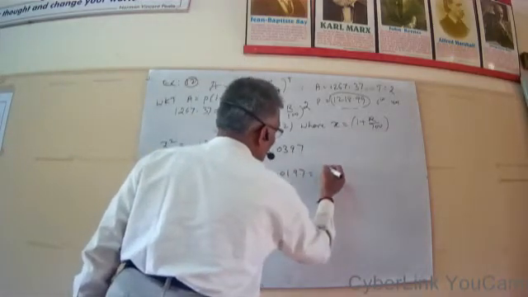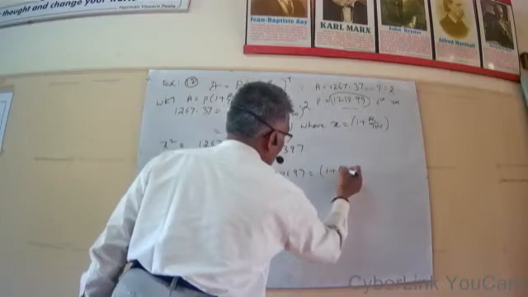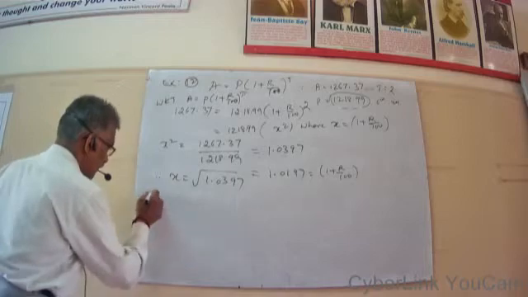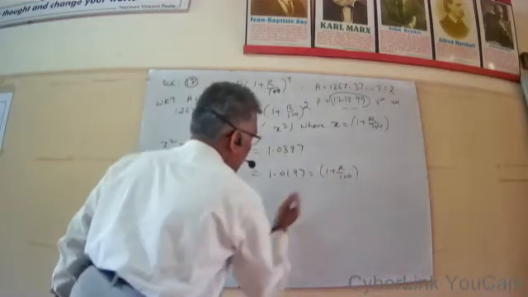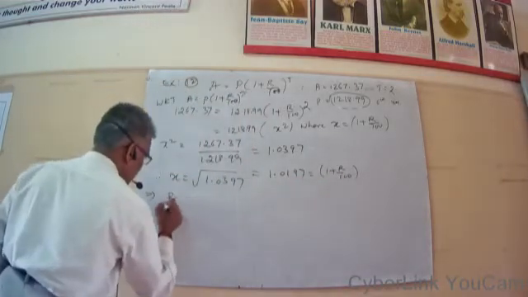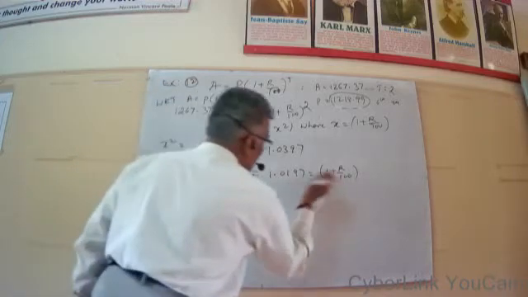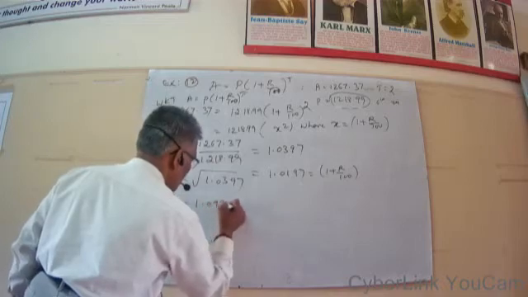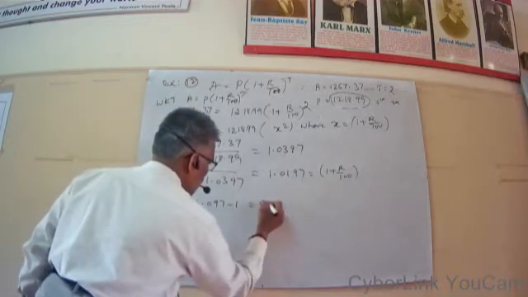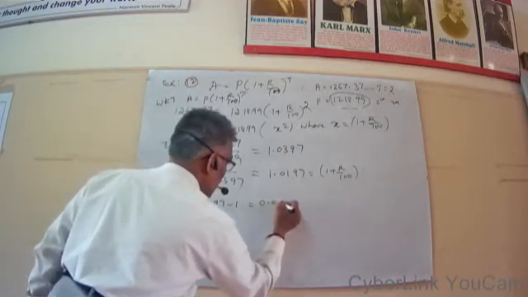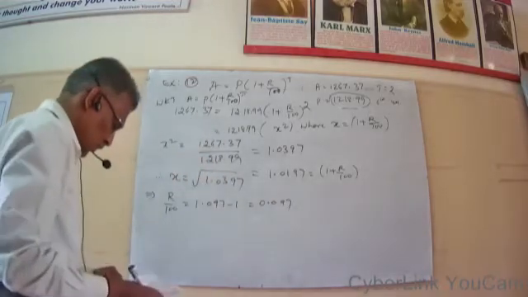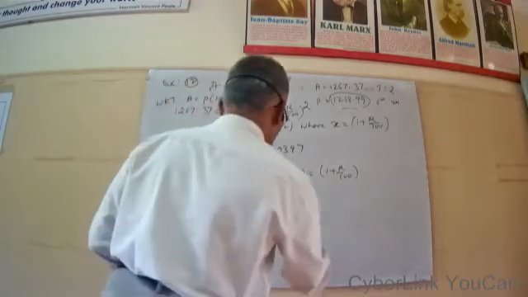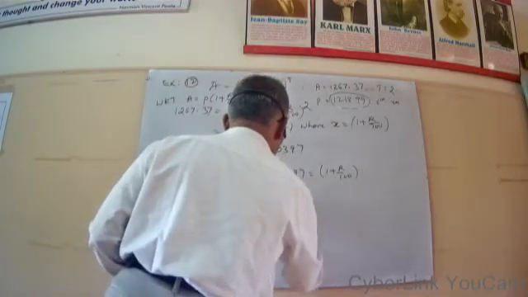So x equal to 1 plus R upon 100. Bringing this to the other side, R upon 100 equal to 1.0197 minus 1, equal to 0.0197.